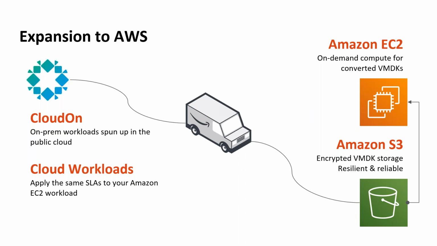So with our growing presence in AWS because of CloudOut, it only made sense for us to continue using even more features on the Rubrik and in AWS. So we further expanded by setting up Rubrik's Cloud On integration with AWS and used the cloud workloads.